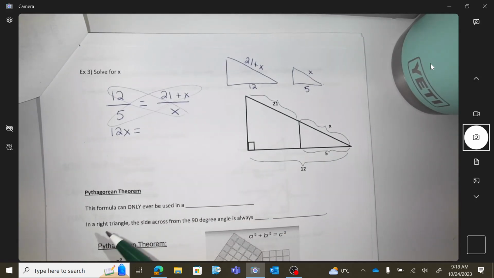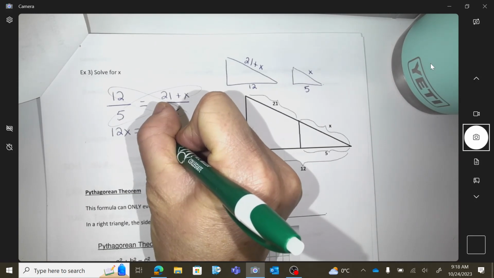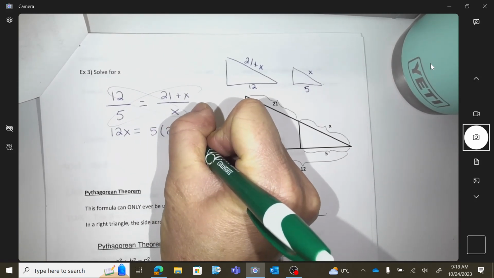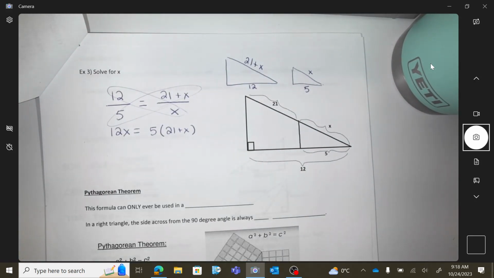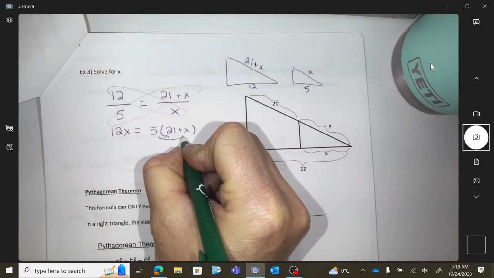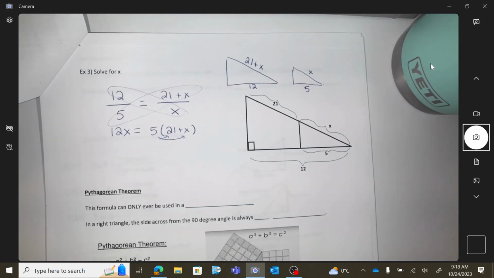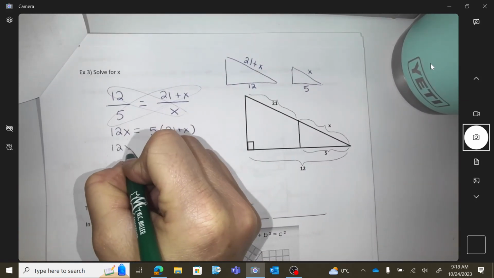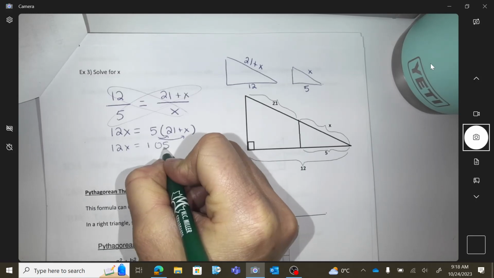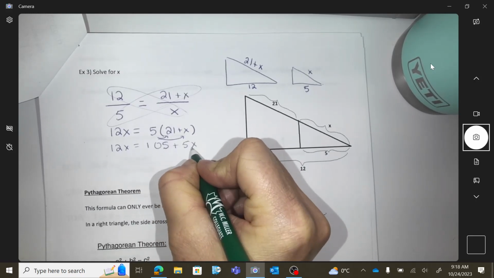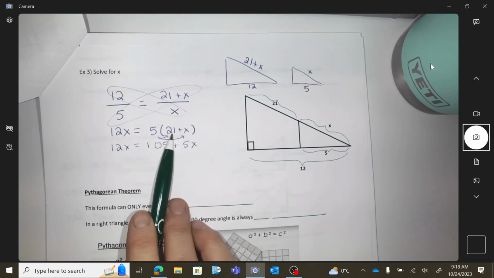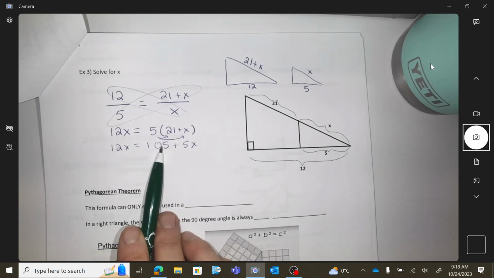So this diagonal would be 5 times. So there's going to have to be some distribution involved in that diagonal. So you have to do 5 times that set. So 21 times 5 is 105.